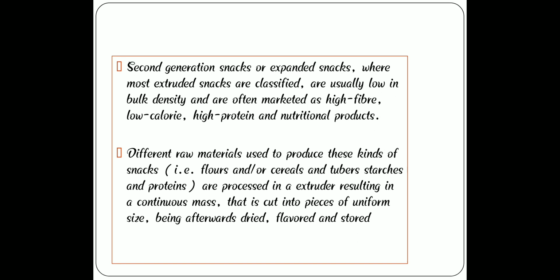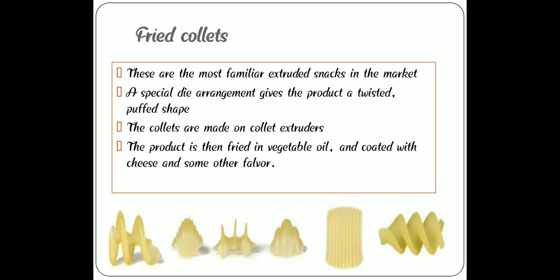The different raw materials used to produce this kind of snacks, that is flour, cereals, tubers, and proteins, are processed in an extruder, resulting in a continuous mass that is cut into pieces of uniform size and afterwards dried, flavored, and stored. So that's it. Thank you.